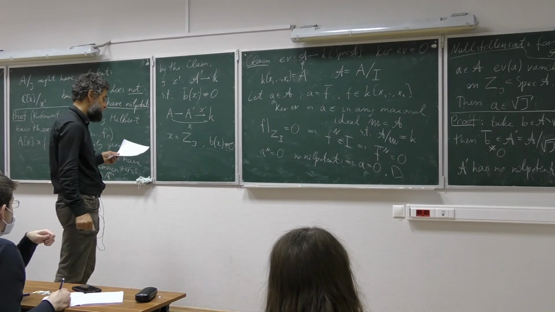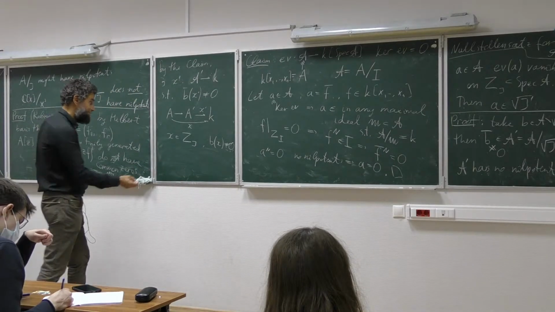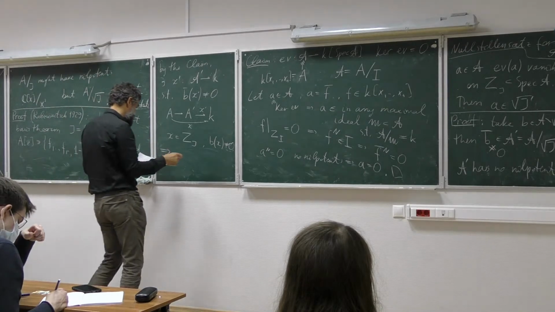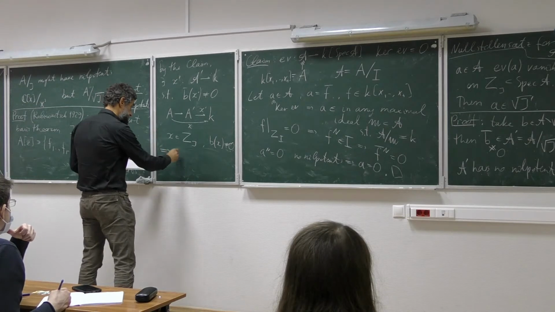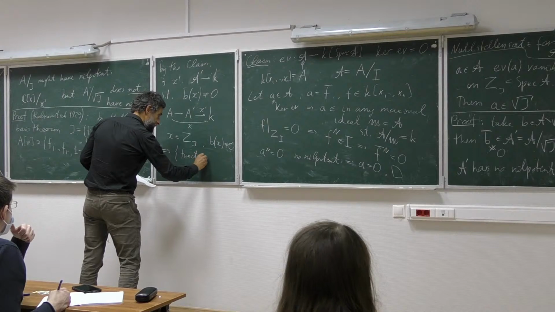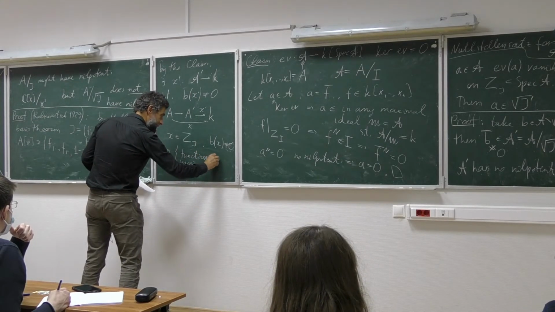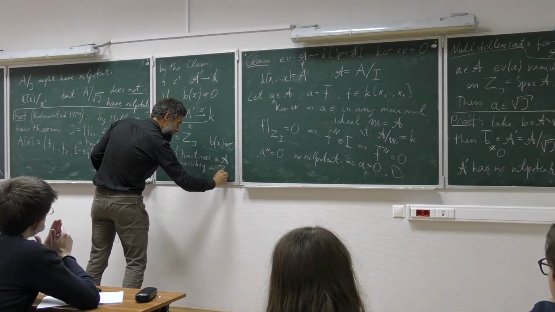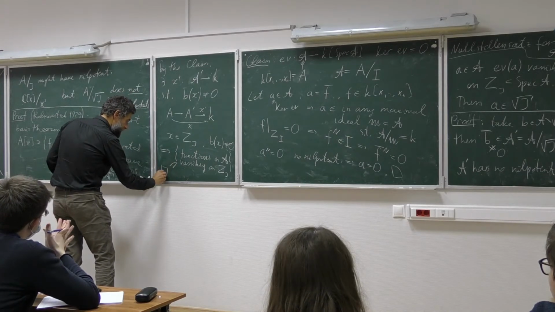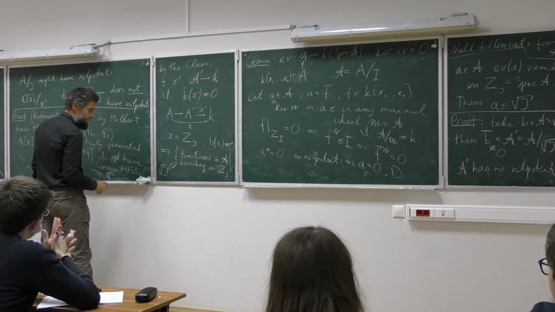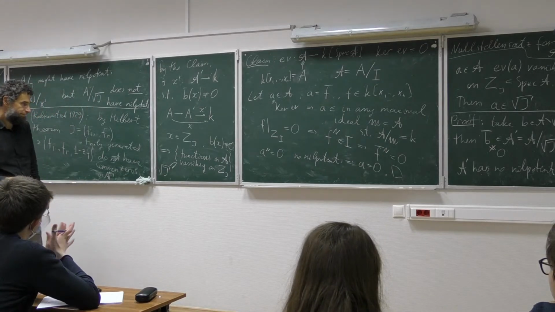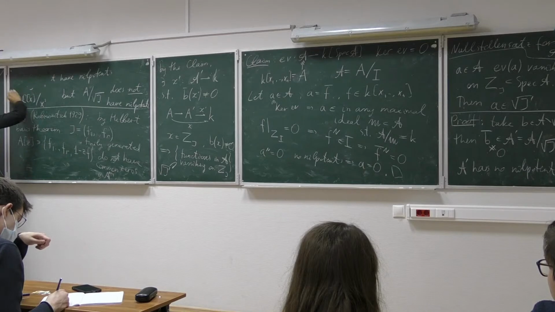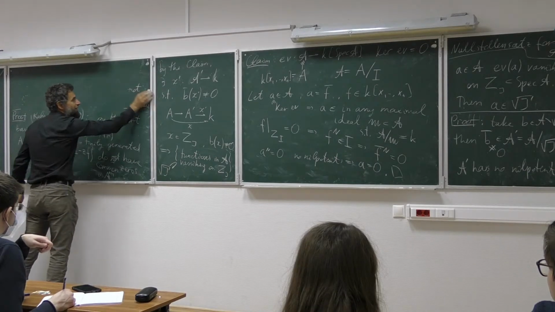So we proved that the set of functions in A vanishing on Z of J lie inside the radical of J. And also clearly the radical of J has this property. So we're done with this, and let me derive a couple more useful corollaries.